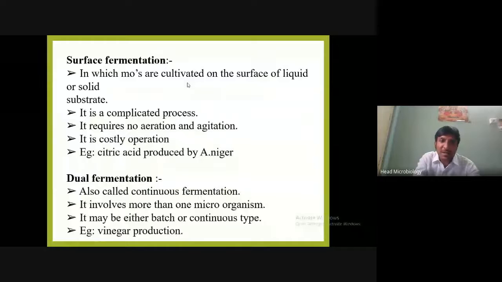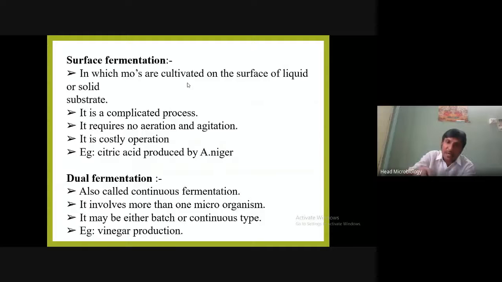Now the dual fermentation. This fermentation is also called continuous fermentation. It involves more than one microorganism. Many microorganisms are incorporated here, like Saccharomyces cerevisiae, E. coli, Bacillus.